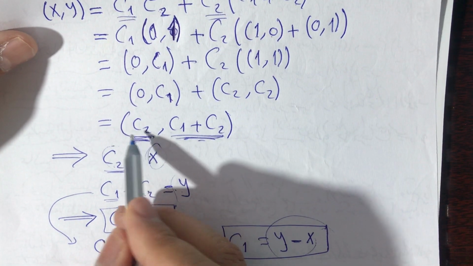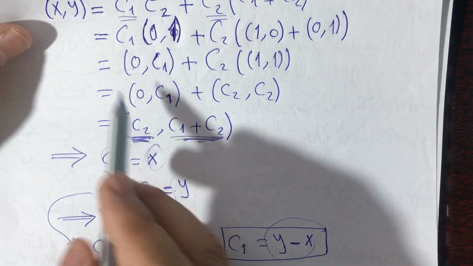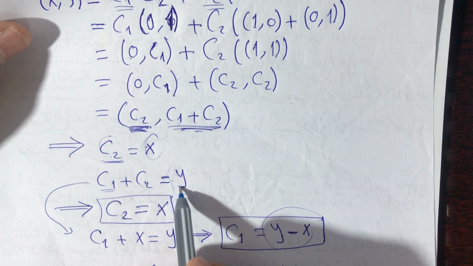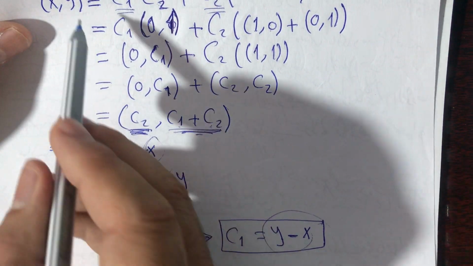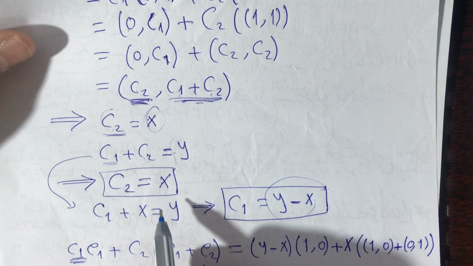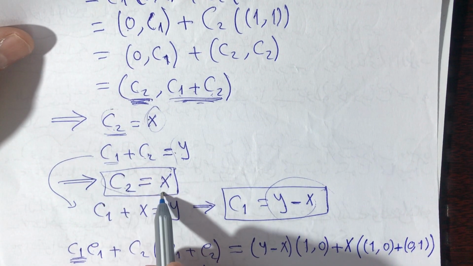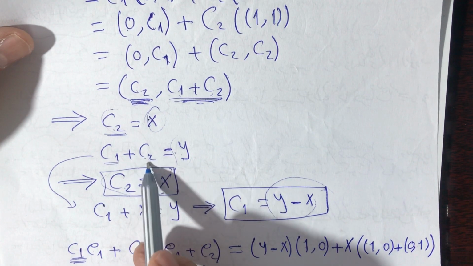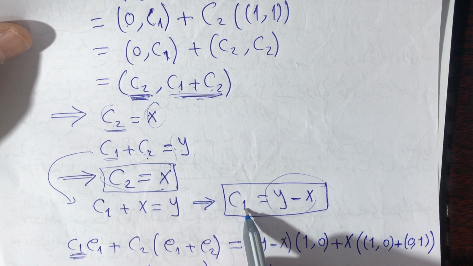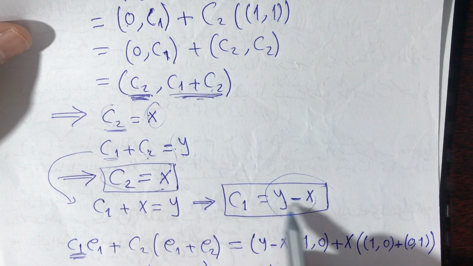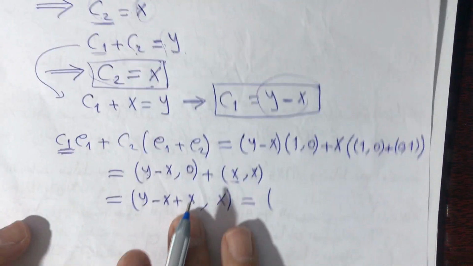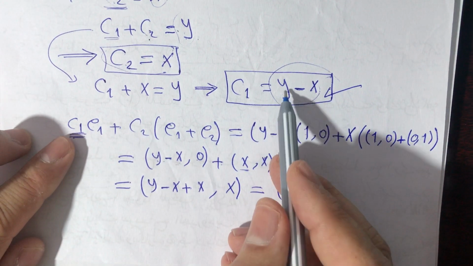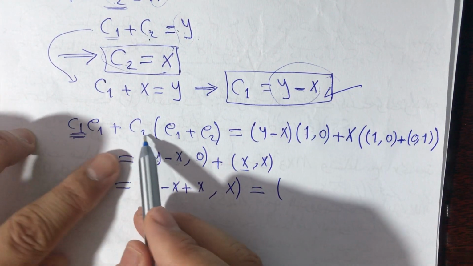So C2 equals x, and C1 plus C2 equals y. Put here instead of C2, and move here, C1 will be equal to y minus x, so this is correct.